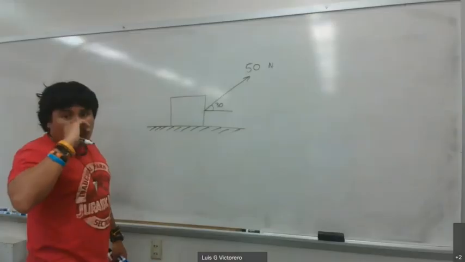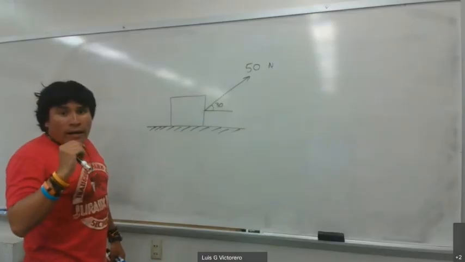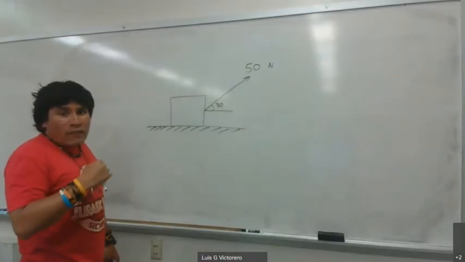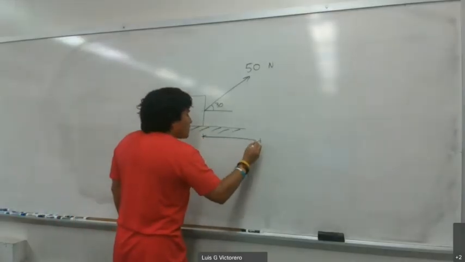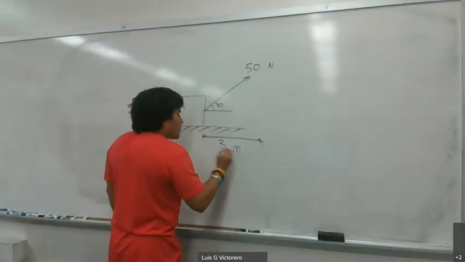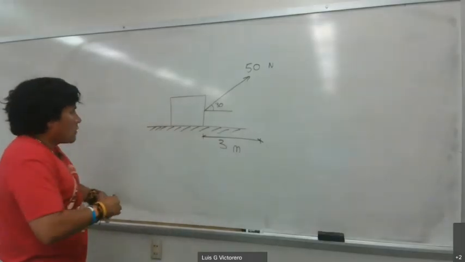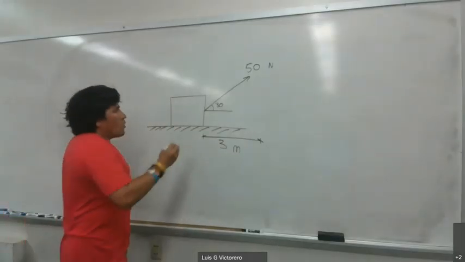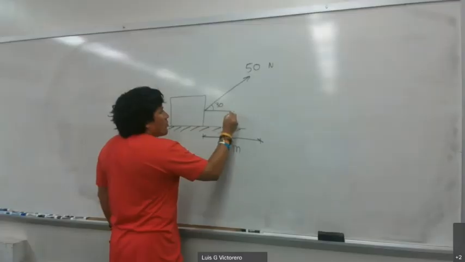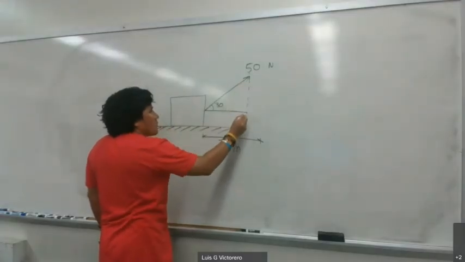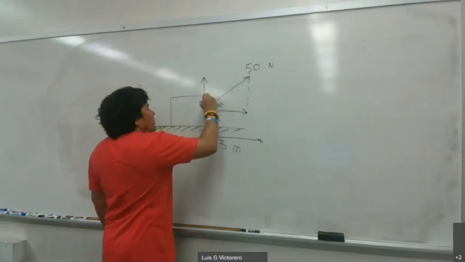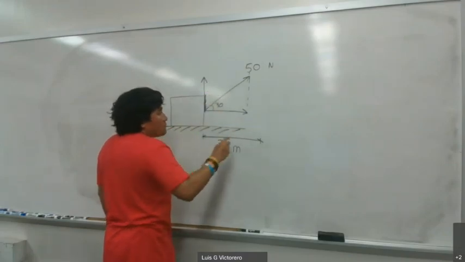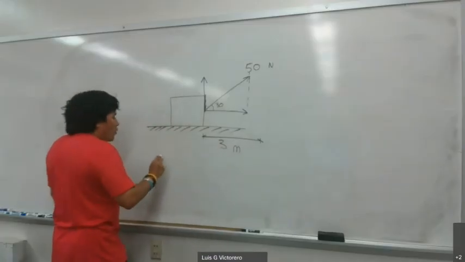And it's asking you to calculate the work by displacing or moving the vacuum cleaner 3 meters to the right. You can break the force into components. It's just moving to the right, so you only care about work horizontally.